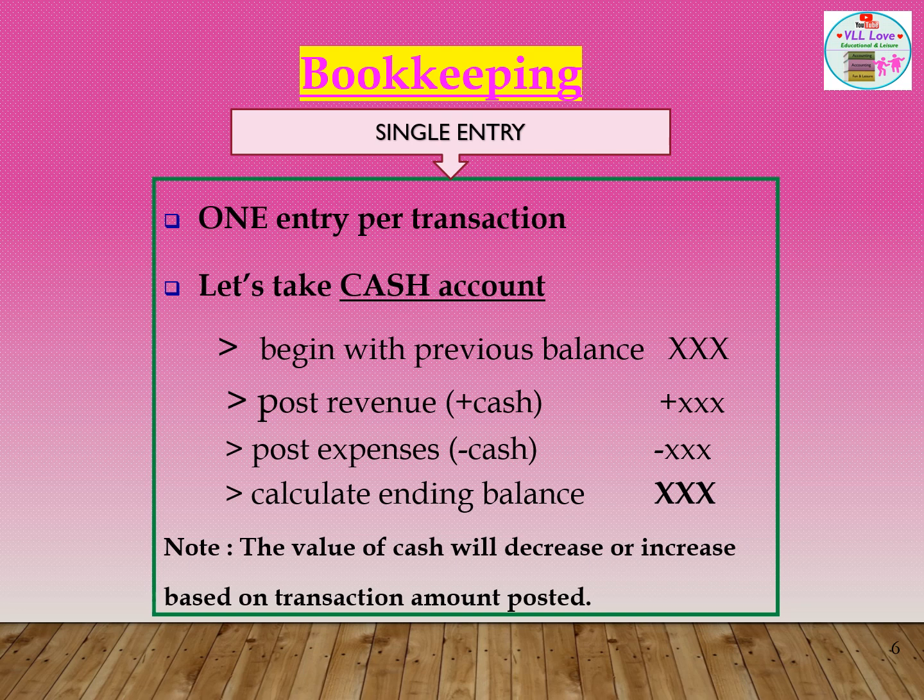It will begin with the previous balance and then post revenue as addition to cash, post expenses as deduction to cash, and then calculate the ending balance. So please note that the value of cash will decrease or increase based on the transaction amount posted. So in this discussion, we will be using the single entry bookkeeping.